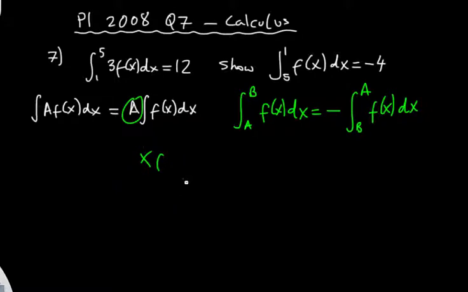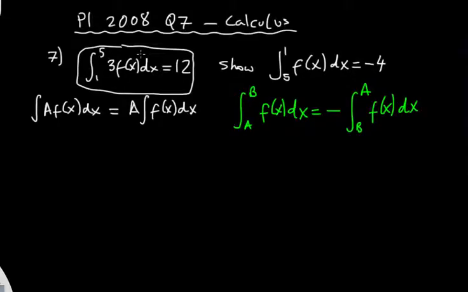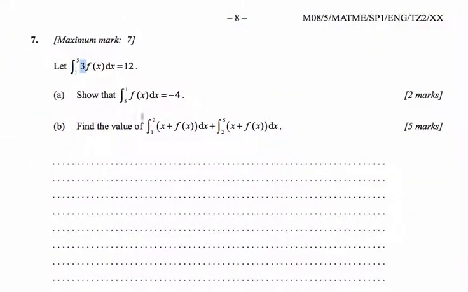Right, good. Now with those two tools we should be able to solve the question. We take the original that they give us, which is this one over here. The question gives us that.